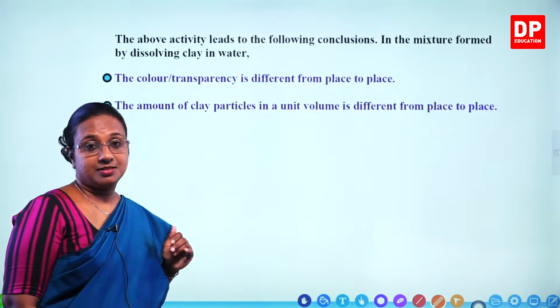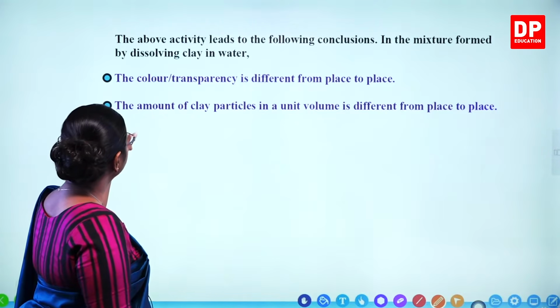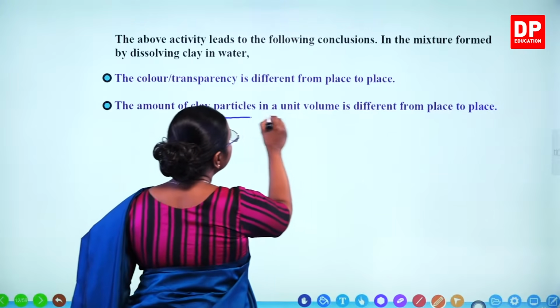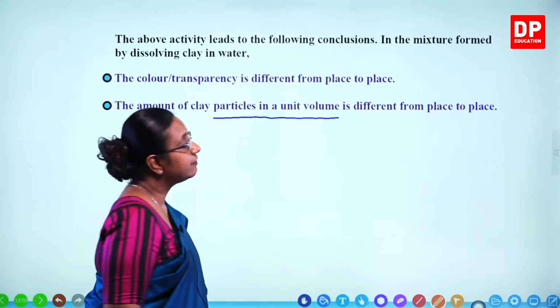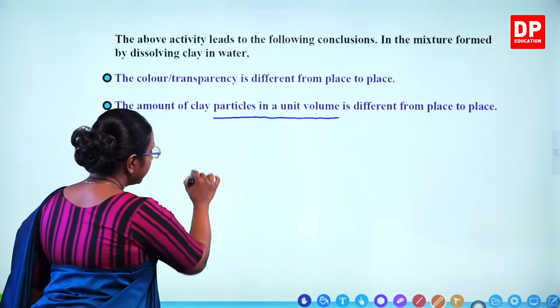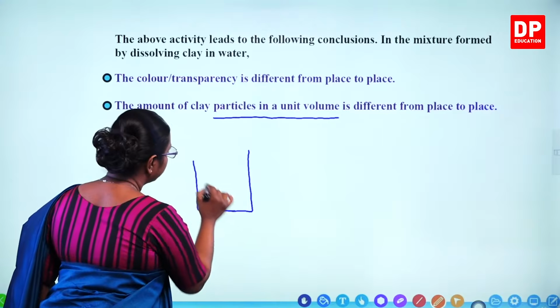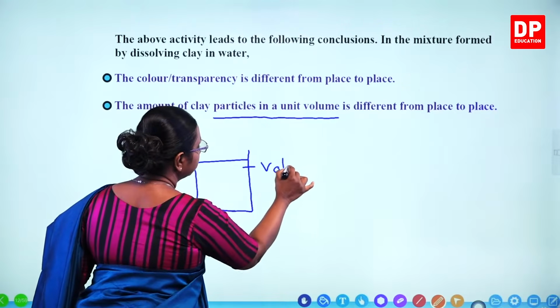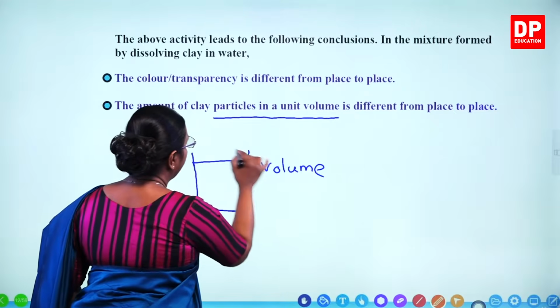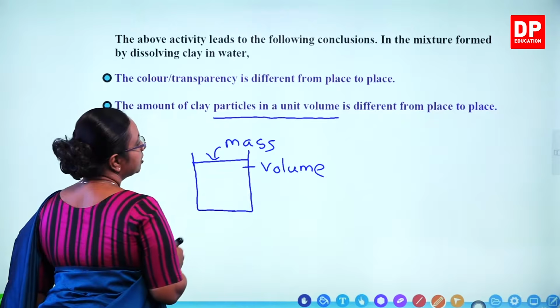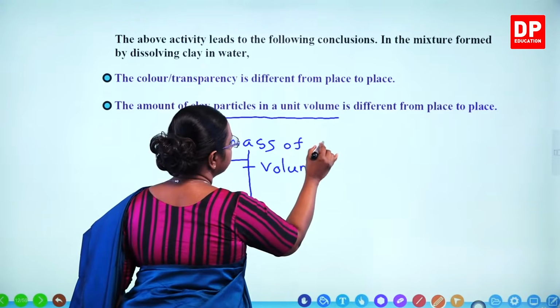Why is this? The reason is the amount of clay particles in a unit volume is different from place to place. So if we take the solution as a whole, it has a certain volume and there is a certain mass of soil dissolved in it.